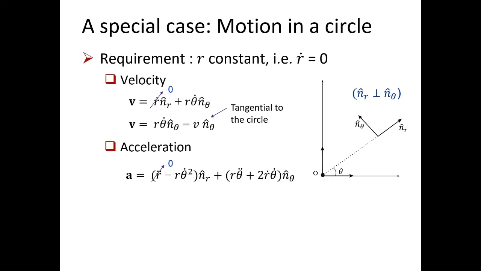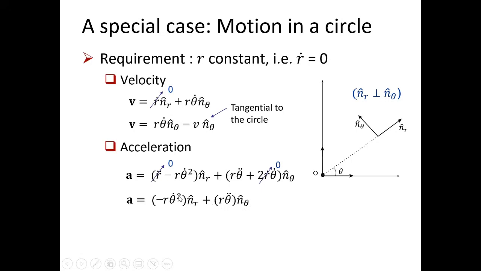And acceleration, of course, r double dot becomes 0 because r is constant, and then r dot also becomes 0. Therefore, the Coriolis component also becomes 0. Therefore, acceleration is minus r theta dot squared in the radial direction and r theta double dot in the theta direction.